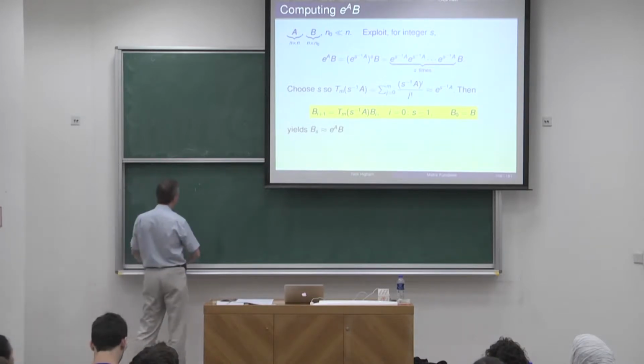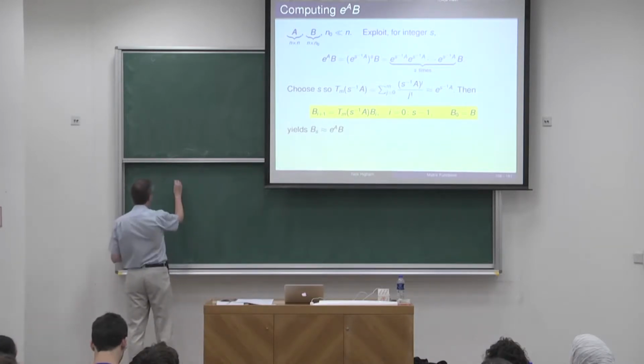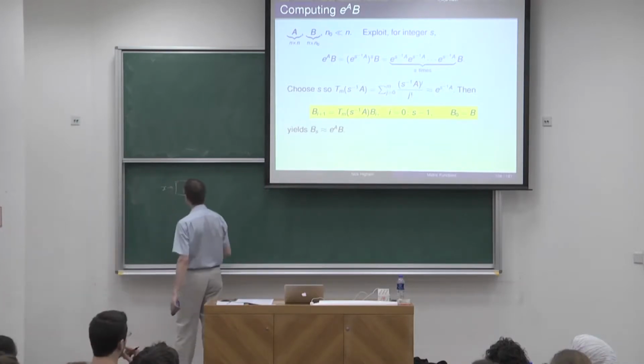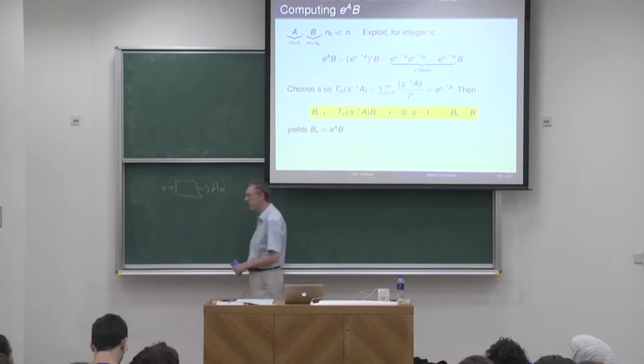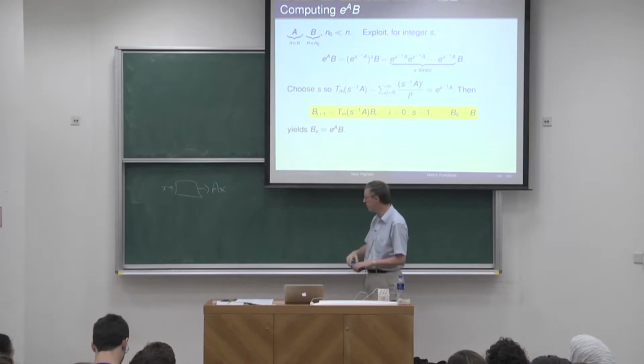So what am I assuming? I assume that I can compute Ax. So I've got a little box that if you put x in, you get Ax out. So I can do matrix vector products.